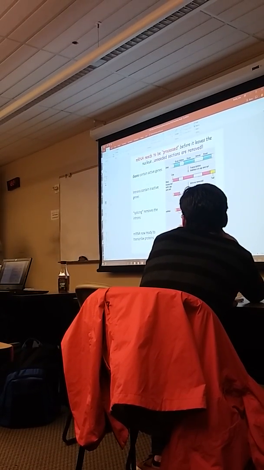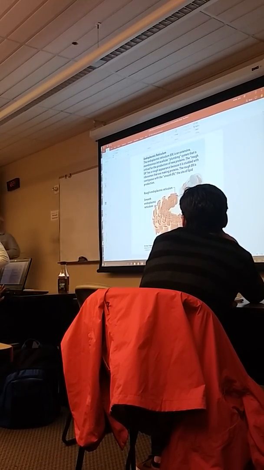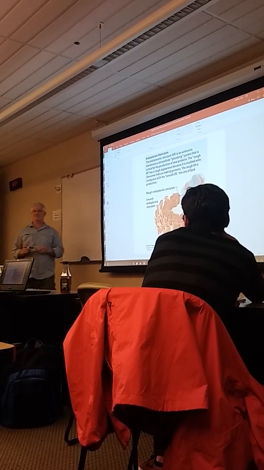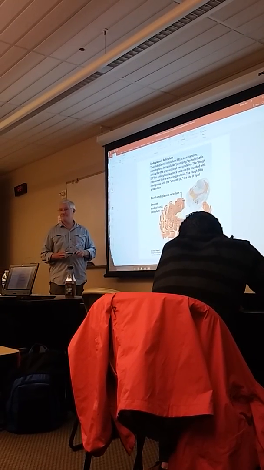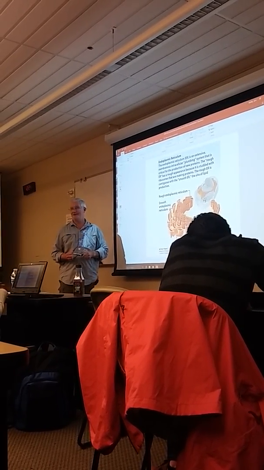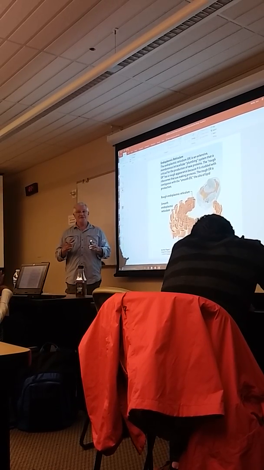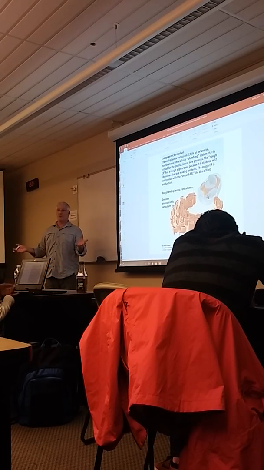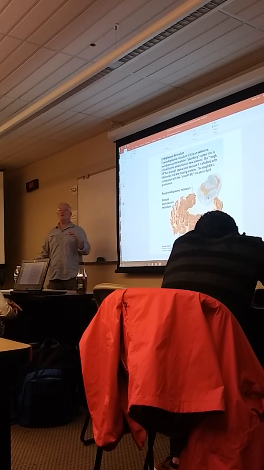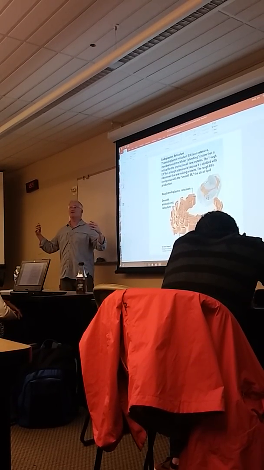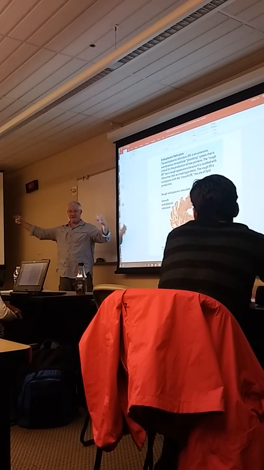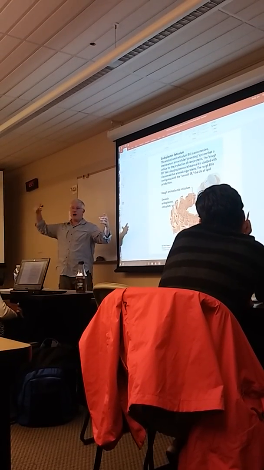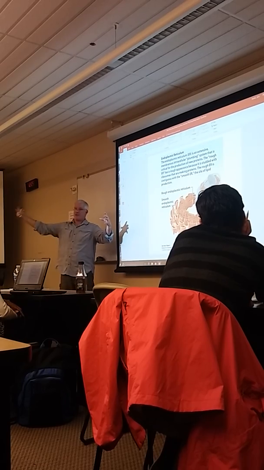So, let's get to here. Sorry, I had a quick question about the cap and tail. Why is that added? I have no idea why it's added. Again, it's one of those things where we don't understand why the cells do what they do, but we know that to a certain degree it allows for a certain stability, because of what's called the poly A tail, which goes on the 3' end.